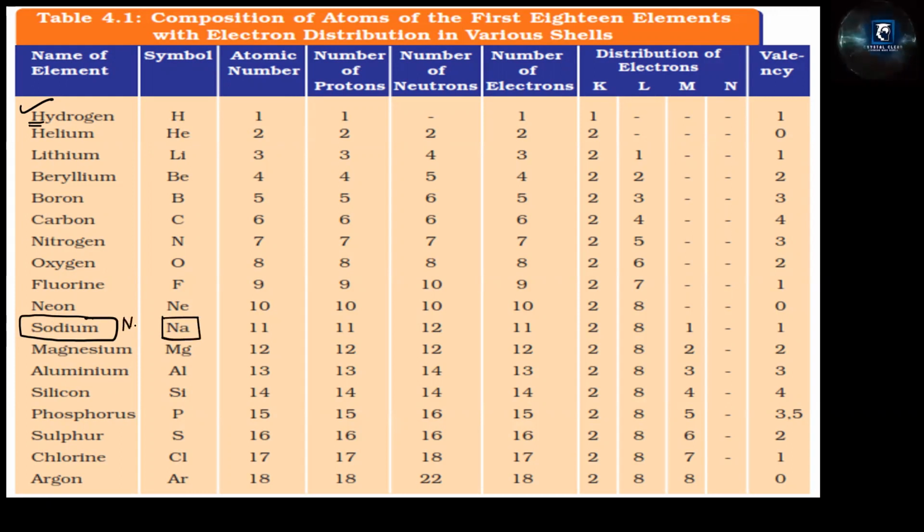Here it is natrium, so it is Na. Sometimes the second letter will also be taken, like beryllium and lithium. And sometimes the third letter will be taken, like magnesium. So observe it and learn this.